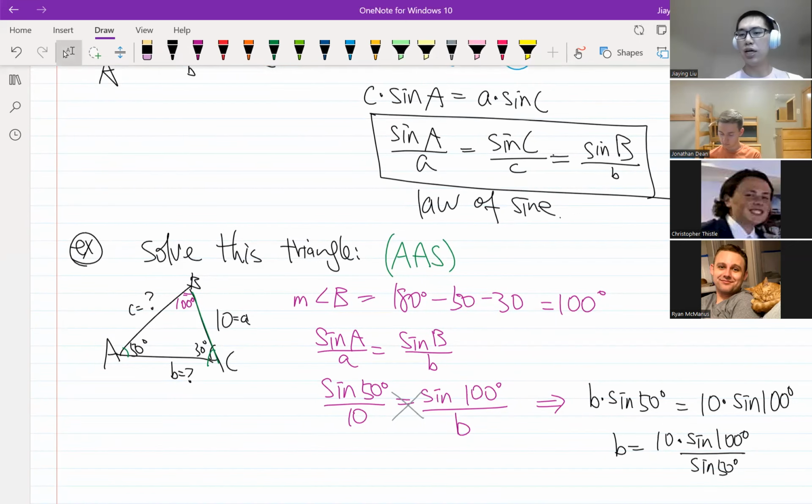We definitely need a calculator for this case, or if we have some kind of spreadsheet of sines of different angles, we can look it up. So put everything into the calculator. We get b is about 12.9.